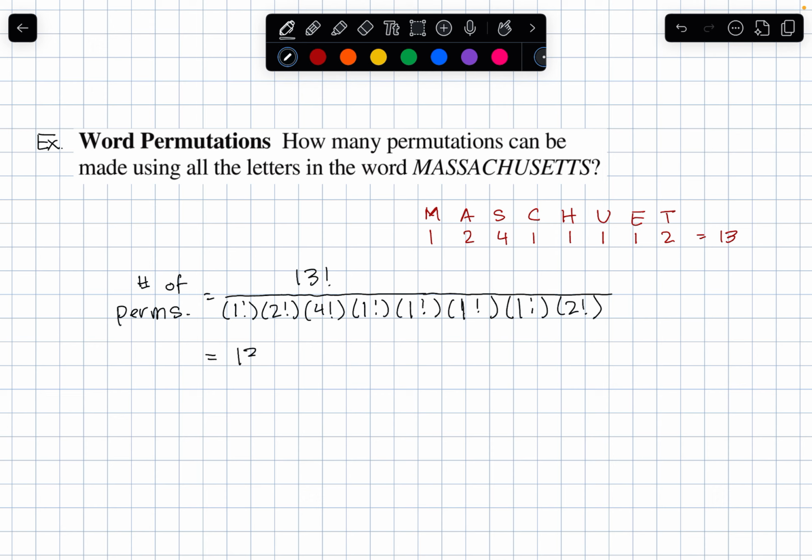So I've got 13 factorial over, and then I'm just left with the factorials that are not 1, which are 2, 4, and 2. So 2 times 1, 4 times 3 times 2 times 1, 2 times 1.